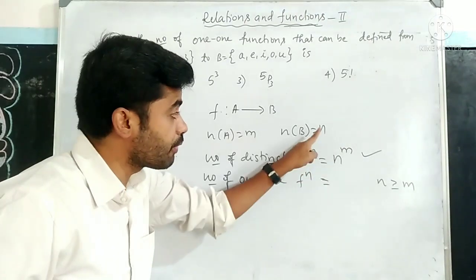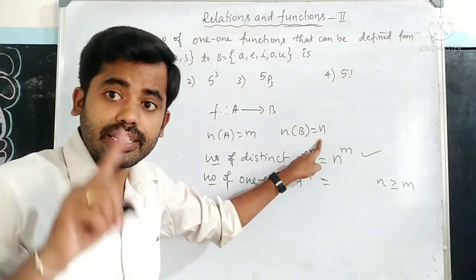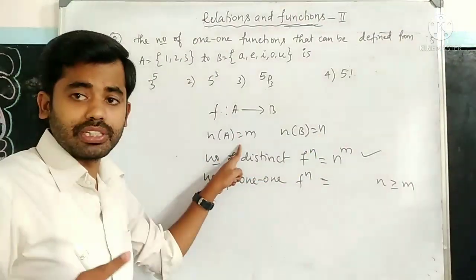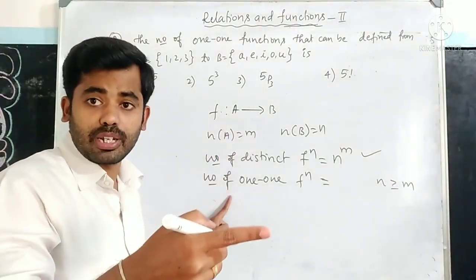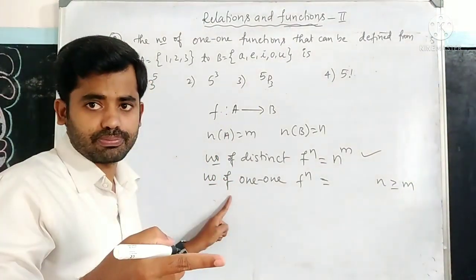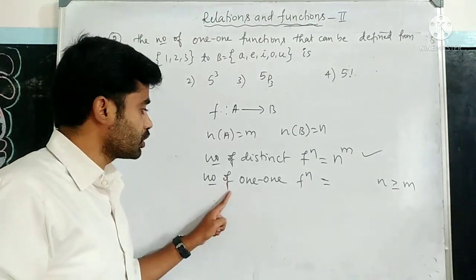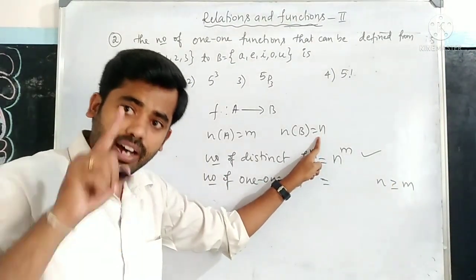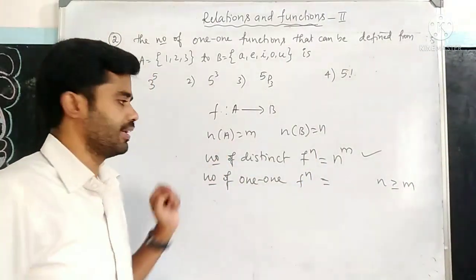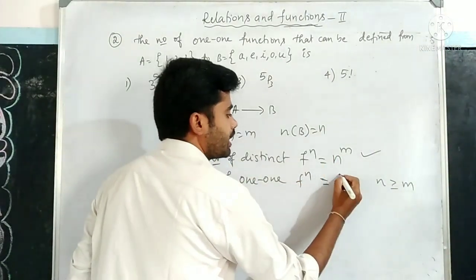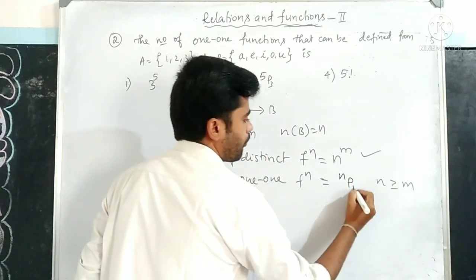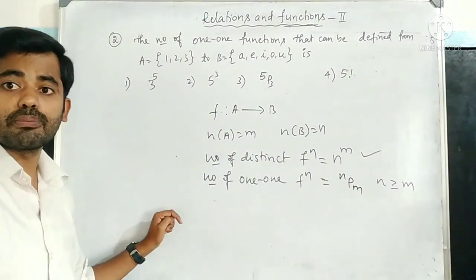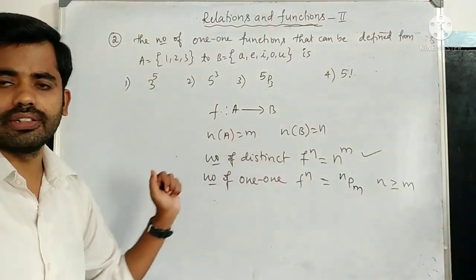What is the formula? nPm. This is the number of one-one functions from A to B.